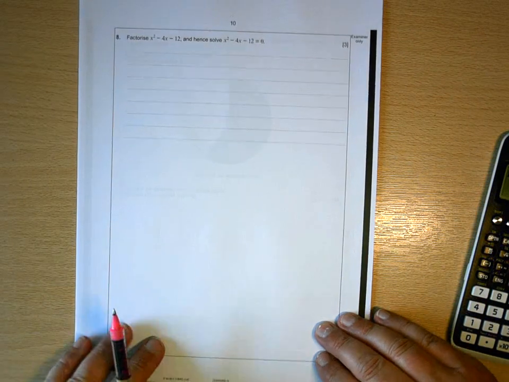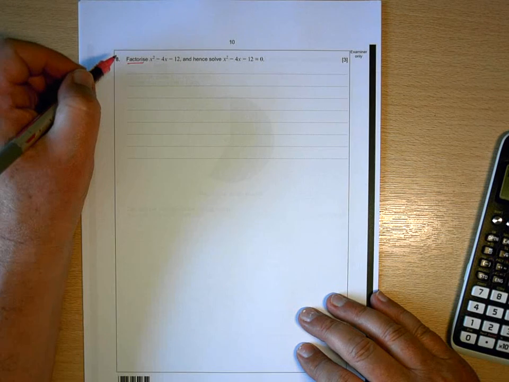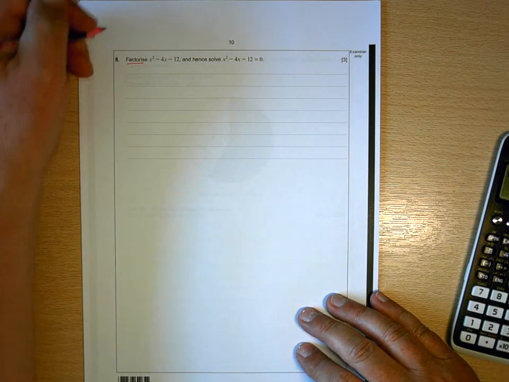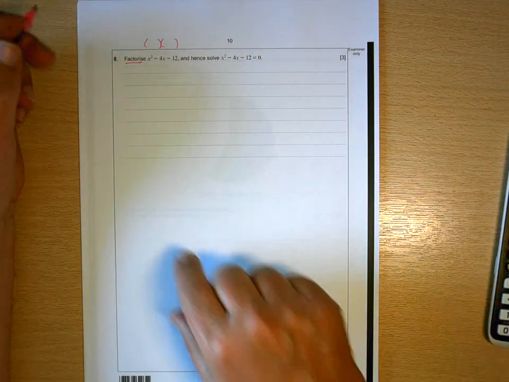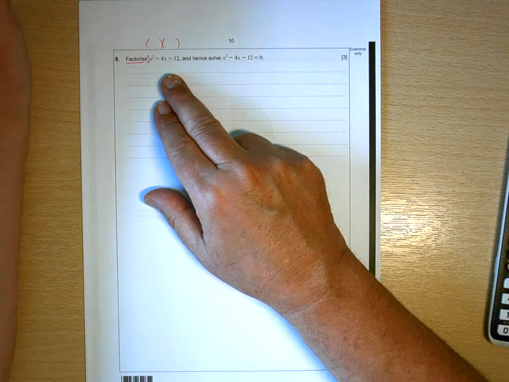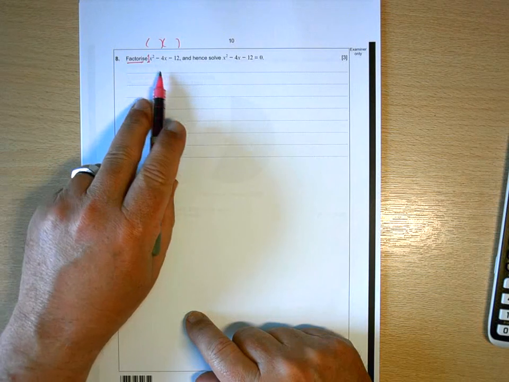Question 8, factorize. Okay, so factorize is putting things into brackets, and this particular one is a quadratic, so we're looking for the double brackets. So the method that I showed you is one that works whether there's a number in front of the x squared or not. If there's not a number, it's a 1 there.